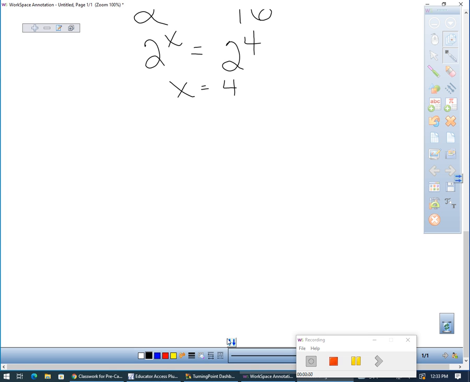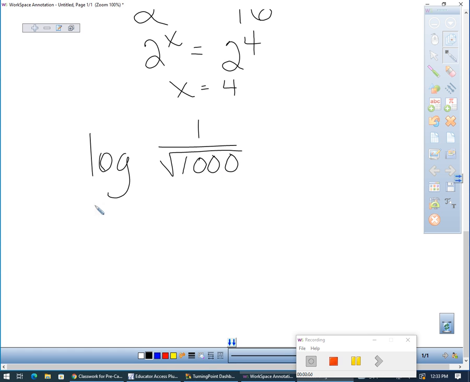Let's make it harder. How about if I have log of 1 over the square root of 1,000. All right, so first of all, tell me about a square root. What is the exponent that means square root? Perfect.